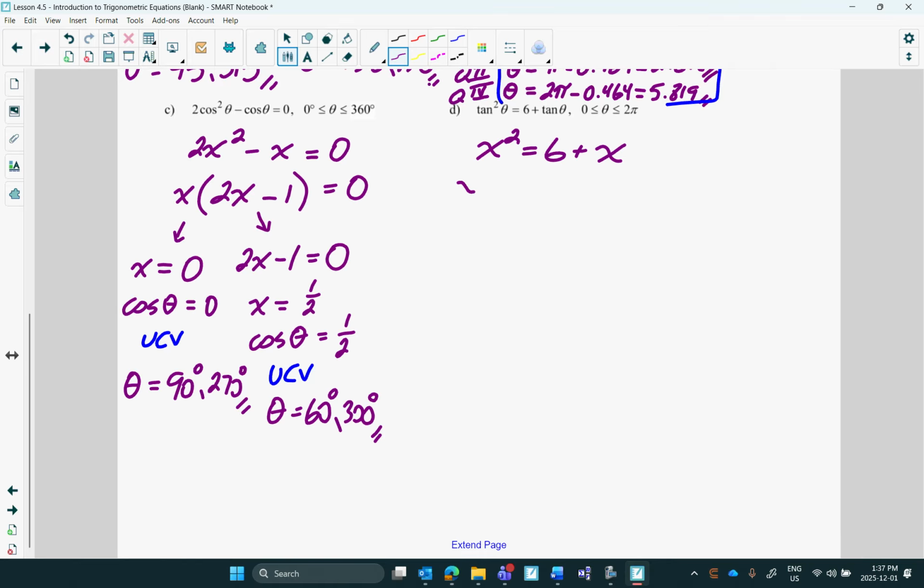Yeah, I got to move everything so it's on one side. Can't factor it until everything's on one side and zero's on the other. This is your basic trinomial, your x squared one.